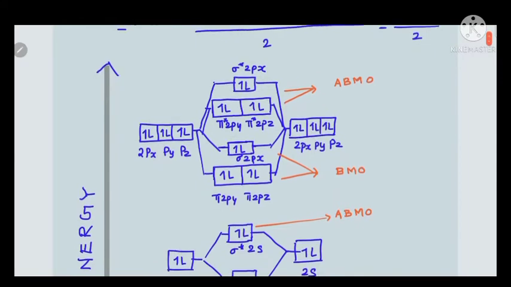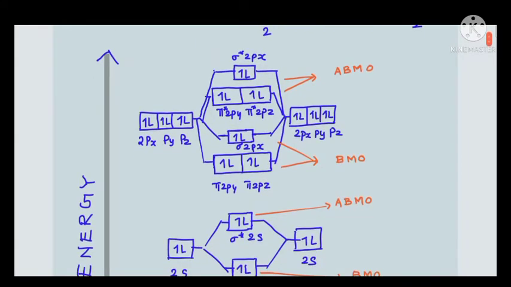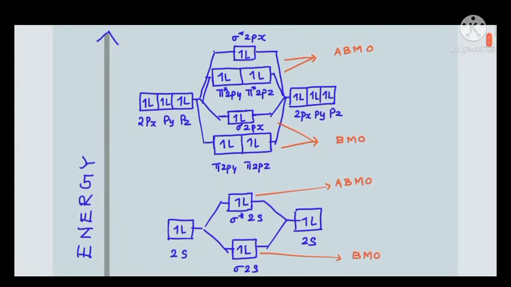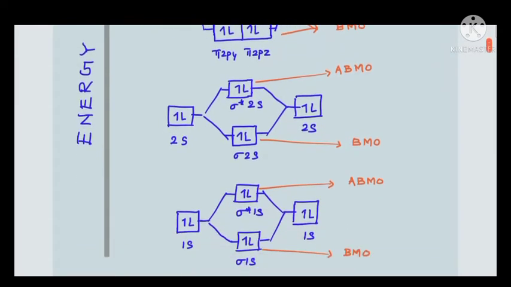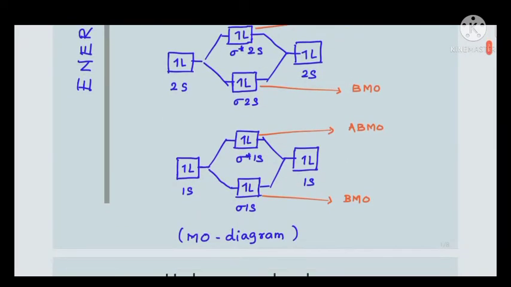This is a simple molecular orbital diagram for a molecule. We start with the 1s orbital. When a 1s orbital of an atom combines with the 1s of another atom, you get molecular orbitals sigma 1s and sigma star 1s. What I have written at both ends are atomic orbitals, AO.